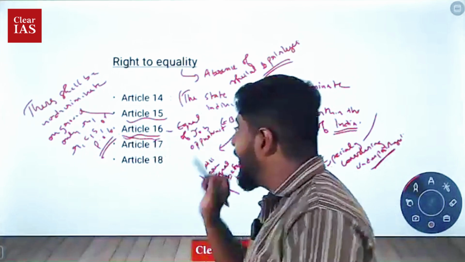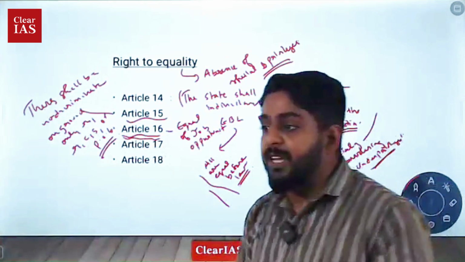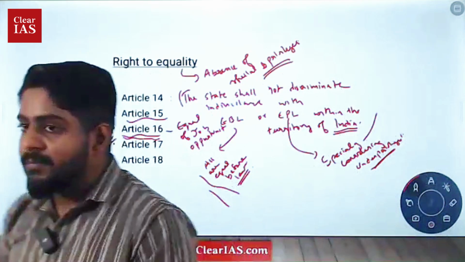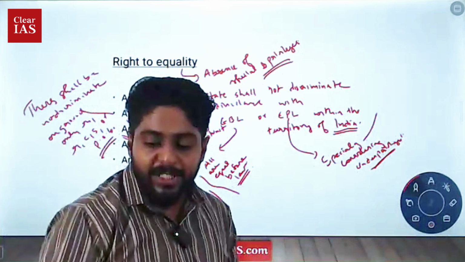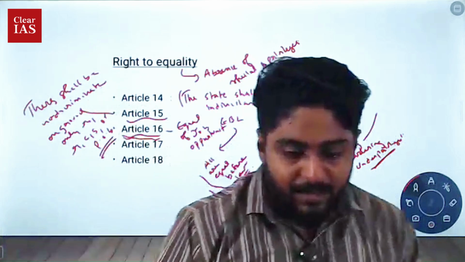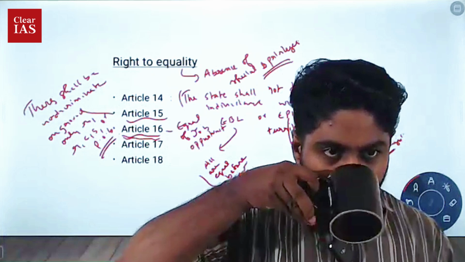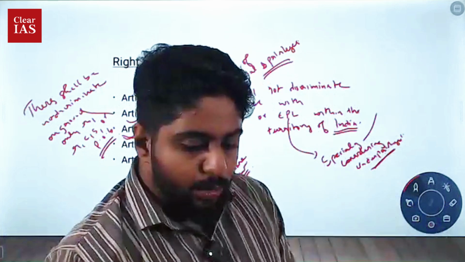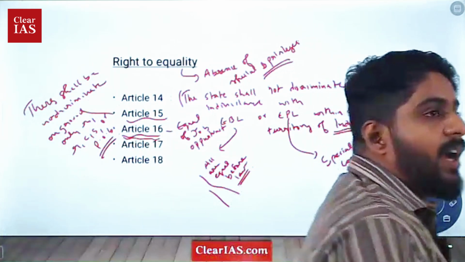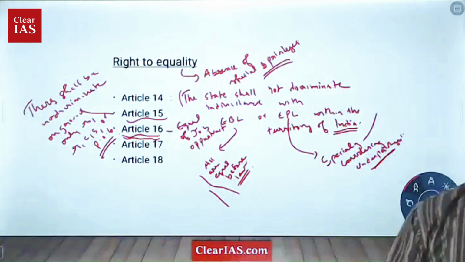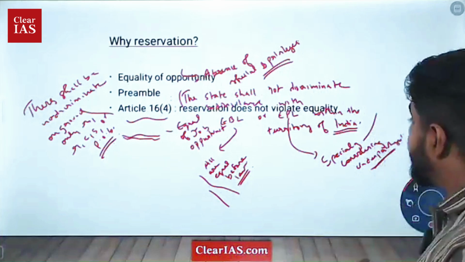Article number 16 says this, sir, but why do we have reservations? That is the question. You say that there is equality in public employment and still you are providing reservation, isn't it?